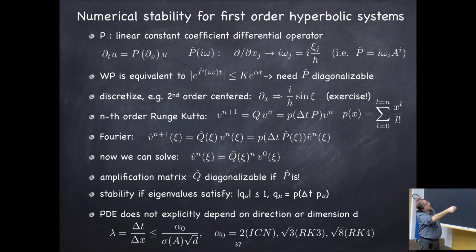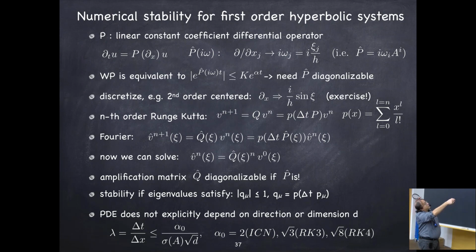All right, then we have already worked yesterday with the Fourier transformation, so you can Fourier transform this, and then derivatives are replaced by multiplication with the frequency. Sometimes we write omega, sometimes we write omega as xi divided by h, depending on what's more convenient.